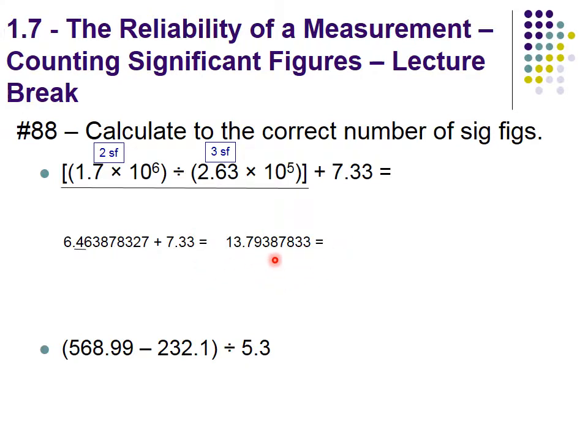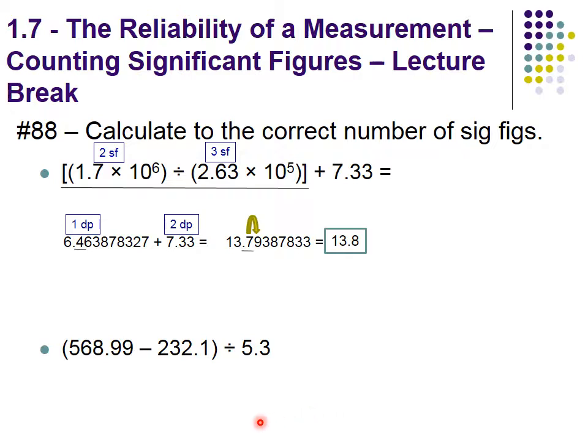But we want to know where this number needs to cut off. And because we did addition, we're going to look at decimal places. 1 decimal place, 2 decimal places. So our answer, we're going to cut it off at that first decimal place. We look behind it. It's a 9, so it's going to round up. So our final answer is 13.8.